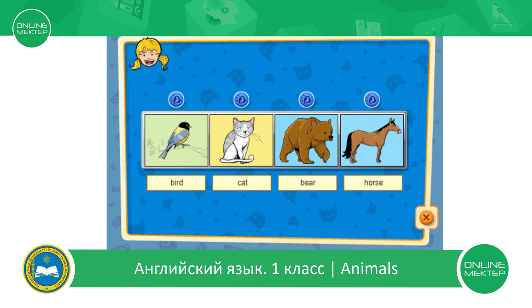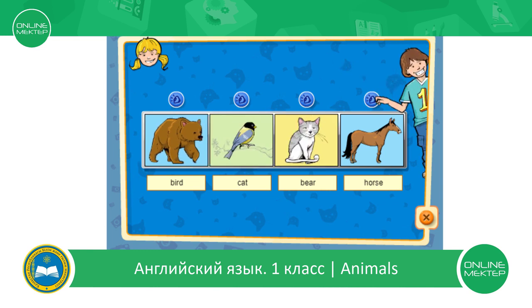Прослушай и расположи картинки и слова по порядку. Number 1. Bear. Can you see a picture of a bear? This one? No. Here's the bear. Well done. Now let's find a word that says bear. This one? No. This one?